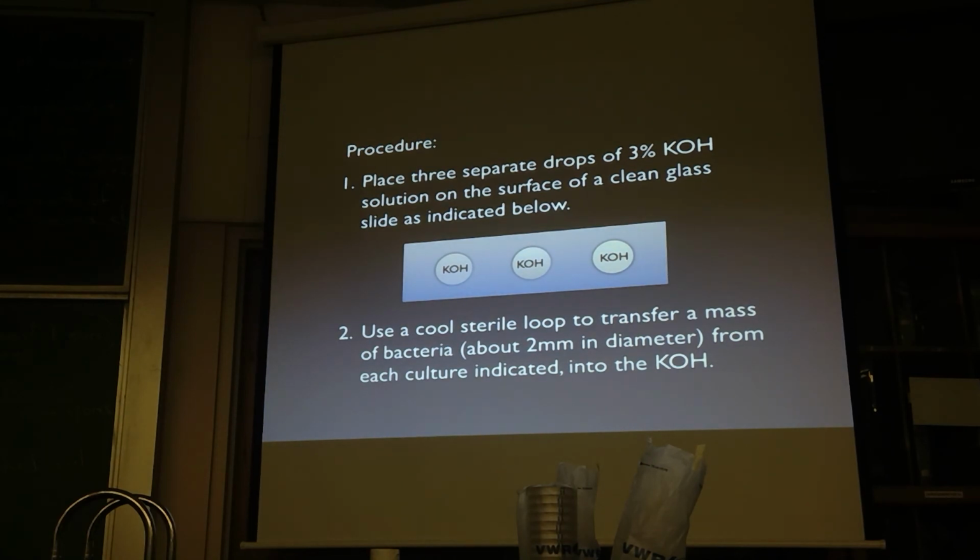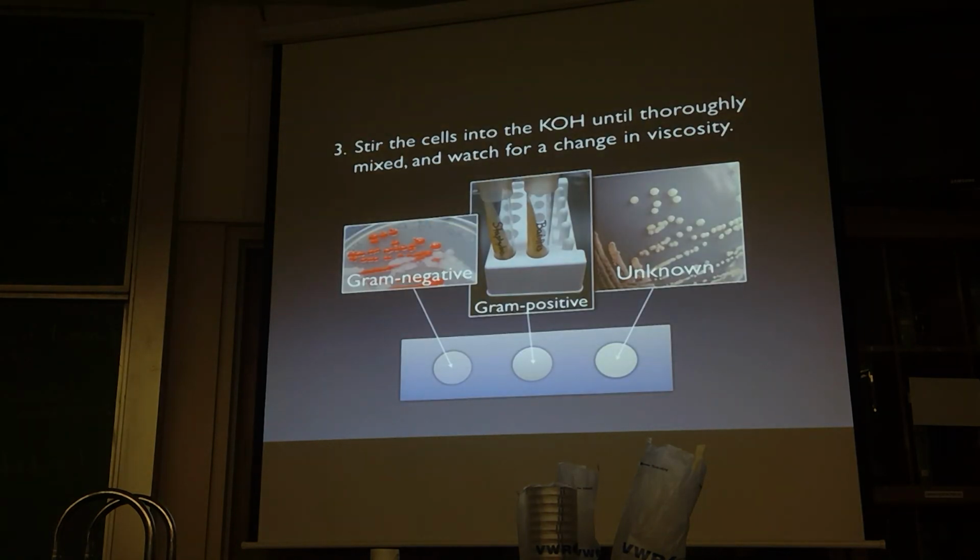It needs to be a visible amount, a ball of about 2 millimeters in diameter, and you stir that into the potassium hydroxide. So again, a known gram-negative would be Serratia, a known gram-positive, either Staph or Bacillus, and then your unknown. If everybody does that, we're going to waste a lot of glass. So I prefer really that you do 3 unknowns on the same piece of glass. Forget doing the knowns.